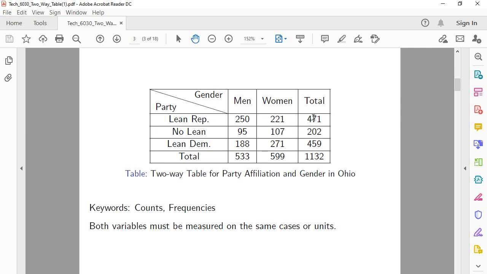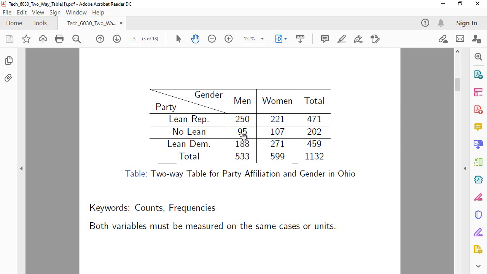I have also added the totals here. The 471 is the total number of adults who leaned Republican.